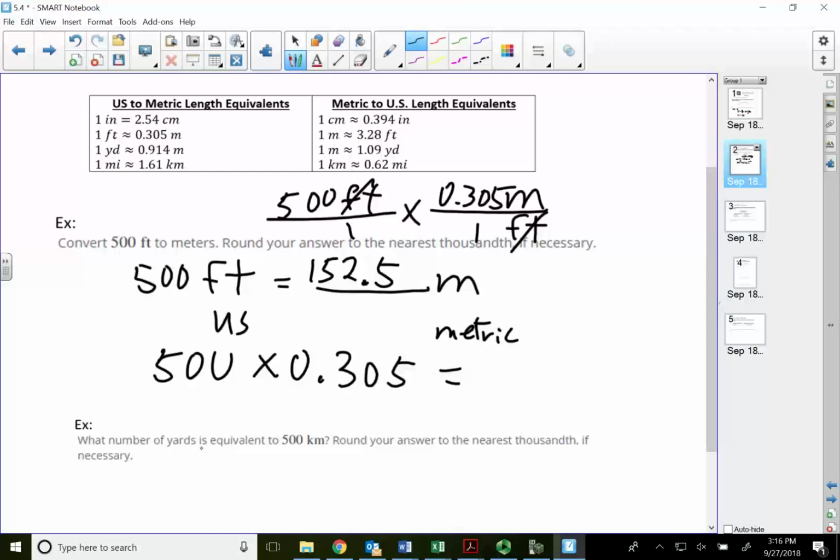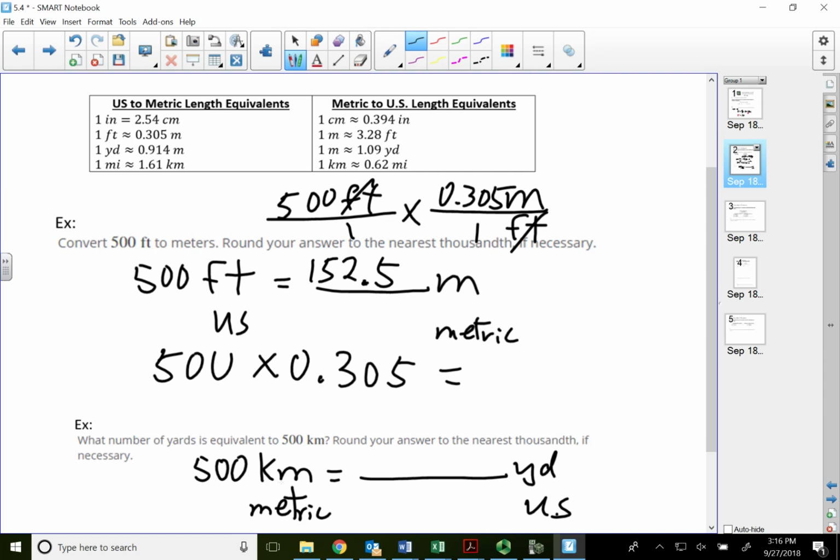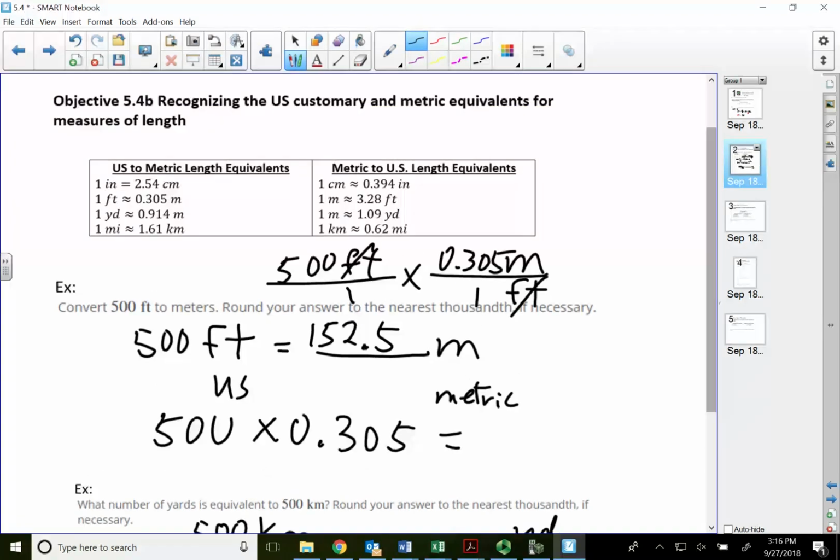Like this one: what number of yards is equivalent to 500 kilometers? So kilometer is metric. I need to convert to yards, which is US. So let's look for kilometer to yard real quick. Metric to US, right-hand side.